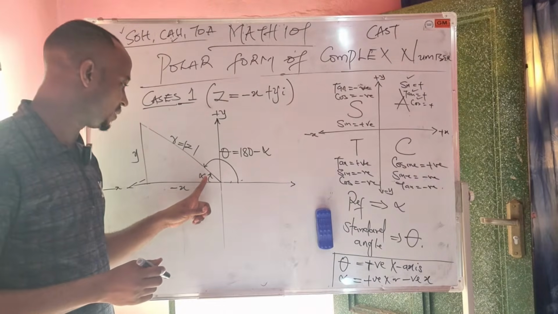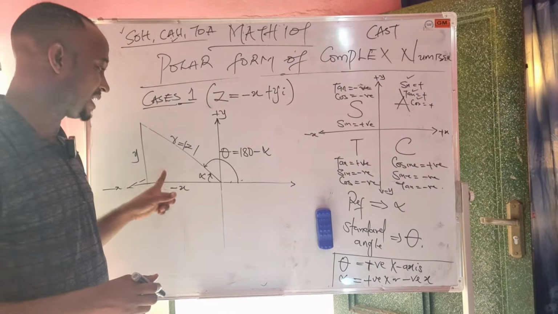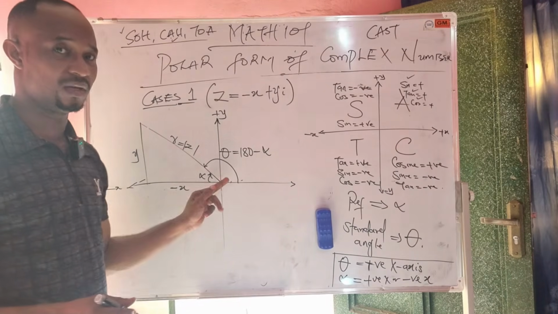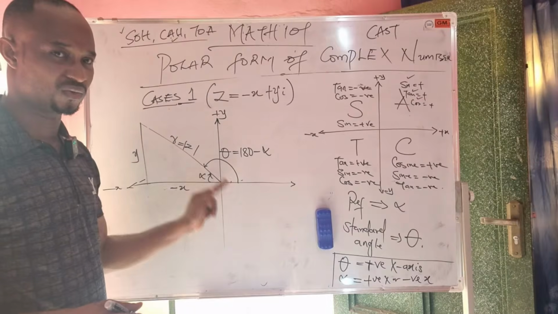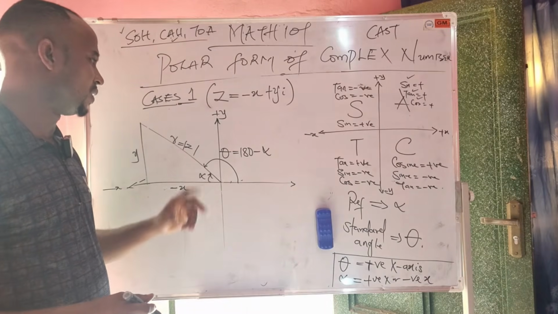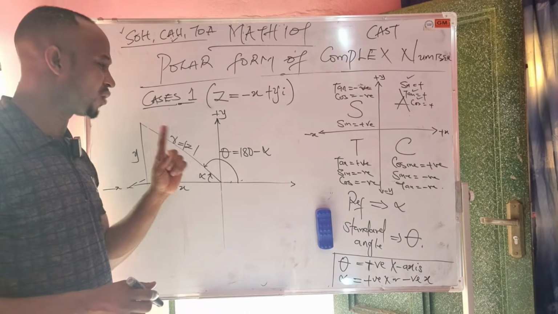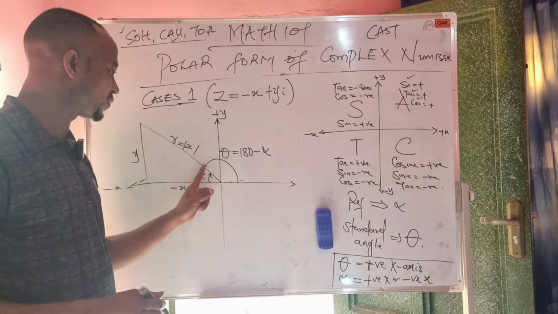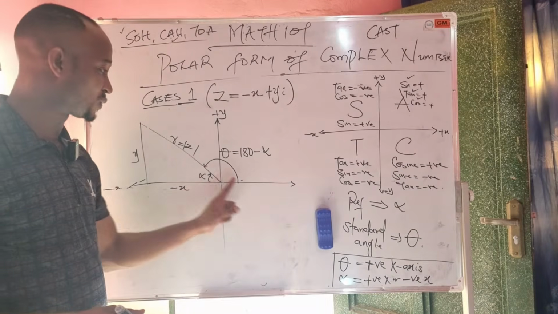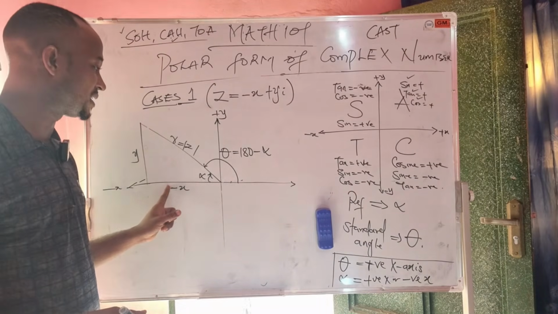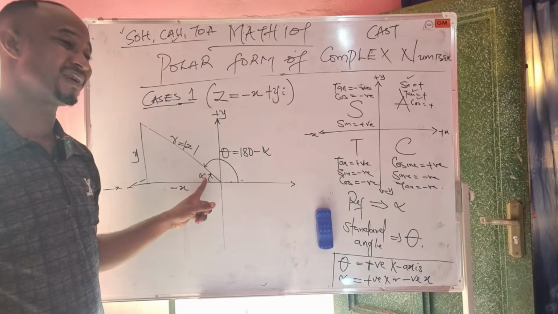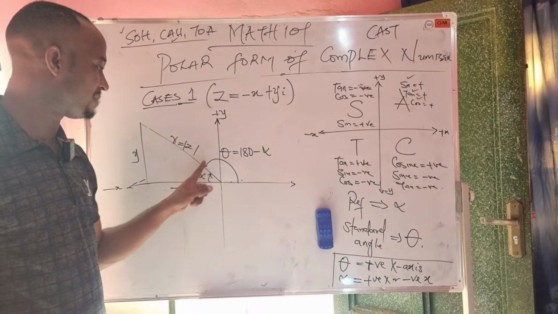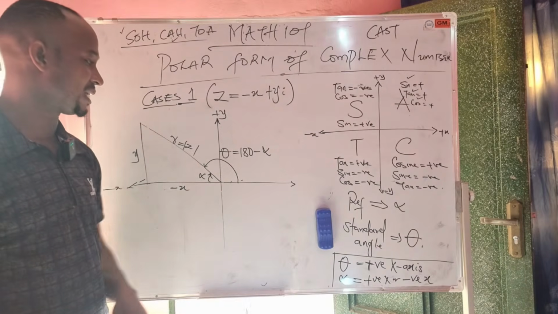The reference angle is the angle the x-axis makes with the hypotenuse, the modulus line, the length of the complex number. But the standard angle is the angle measured from the positive x-axis down to that same line. So if from here to here is 180, and we call this the reference angle, then theta, which equals the standard angle, is 180 minus alpha.